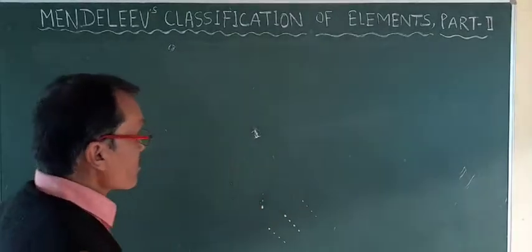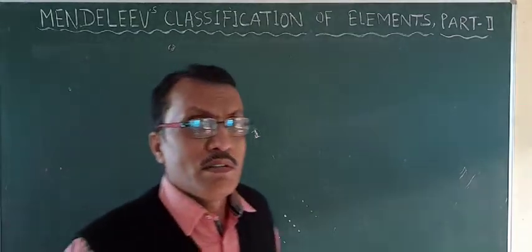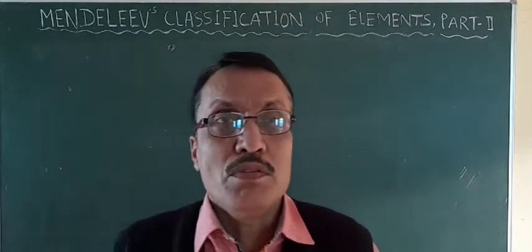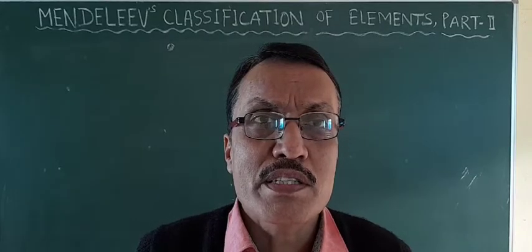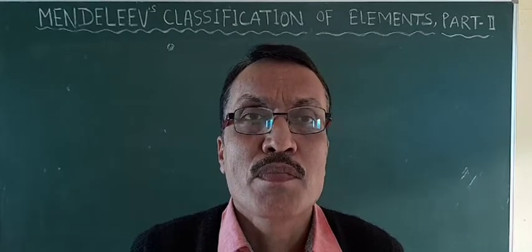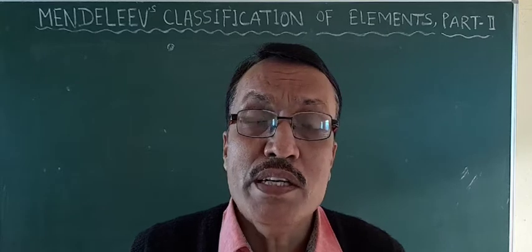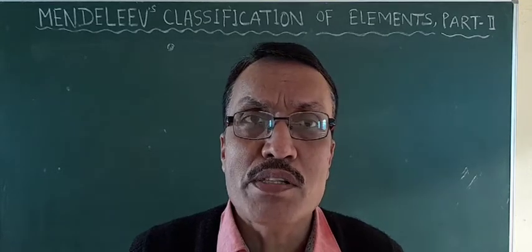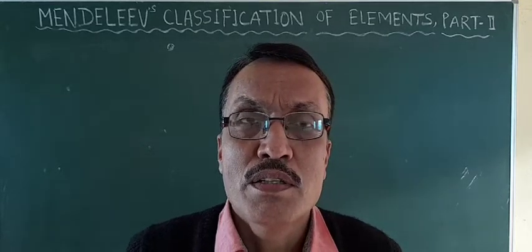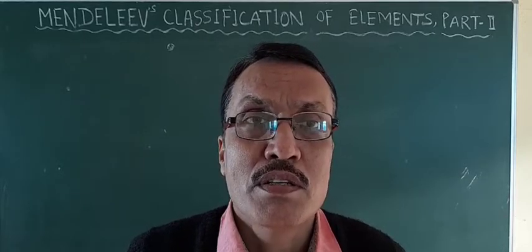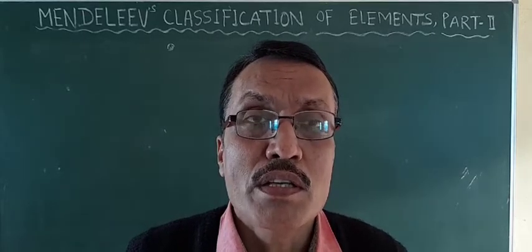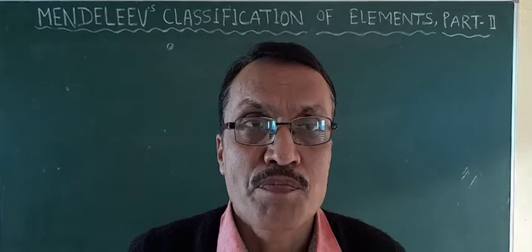Students, I want to tell you Mendeleev succeeded to classify 63 elements. Why did he succeed to classify 63 elements? This is because, students, two factors guided him while classifying elements.